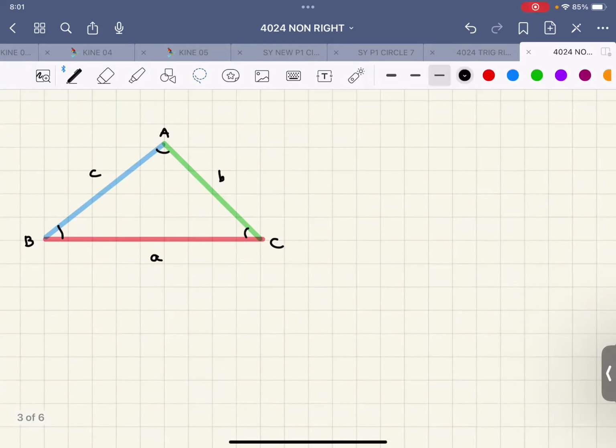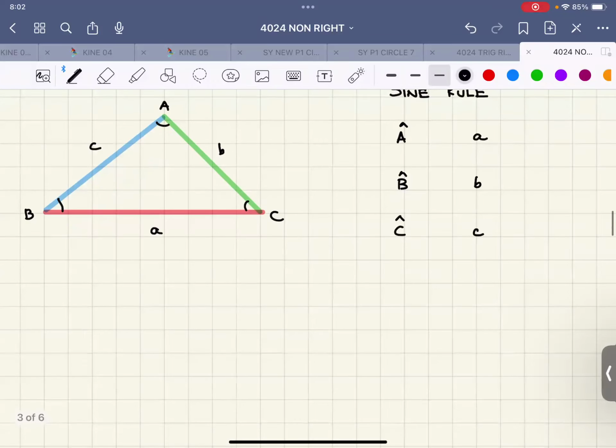the sine rule. So if I talk about the sine rule, the rule says the ratio of an angle to its opposite side. Angle, opposite side, angle, opposite side, angle, opposite side. That's the first thing. This is the prerequisite.